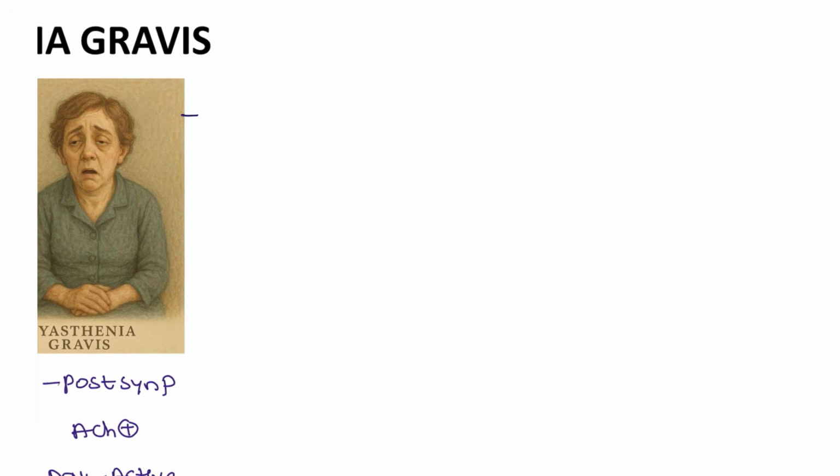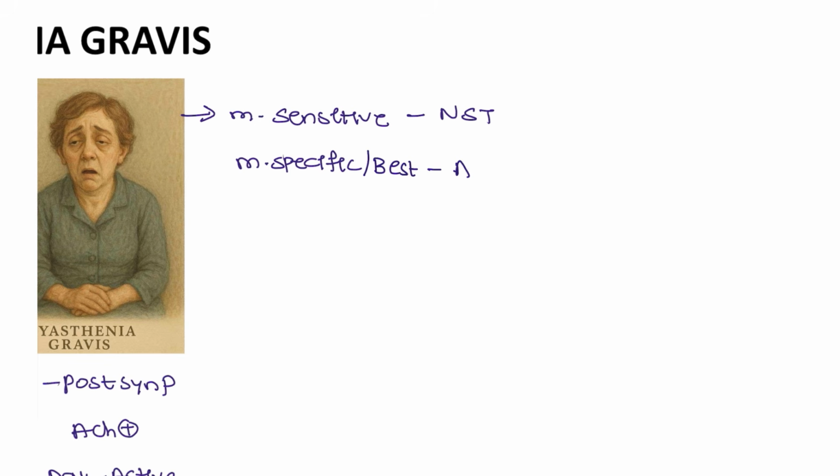Next, myasthenia gravis. The most sensitive test for this patient is the nerve stimulation test that we do, and the most specific, which is considered the best test, is the antibody test. The most common antibodies are acetylcholine receptor antibodies, followed by Musk antibodies, which are also involved in this patient.